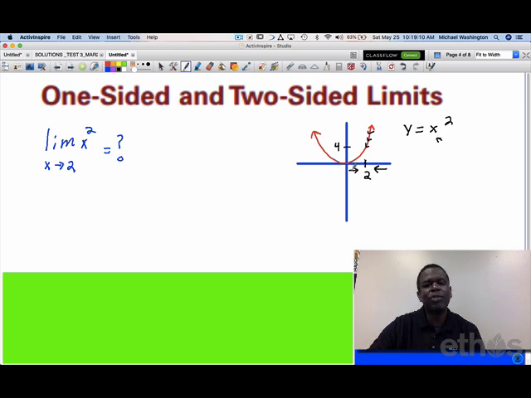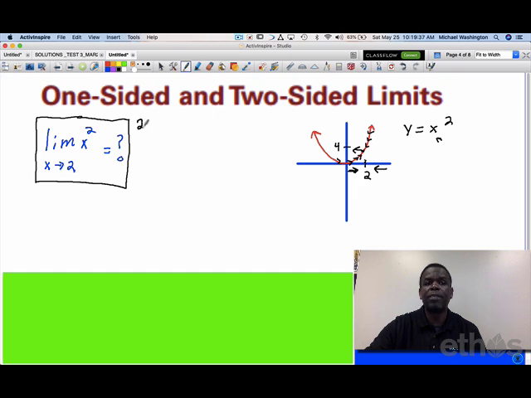And the same will be true from the left side. As we approach 2 from the left side, well, we're riding this red curve from the left side, and as you get closer and closer to the value of 2, you're going to approach the value of 4. Okay, and that is how we're going to be evaluating our limits. So this right here is called a two-sided limit.